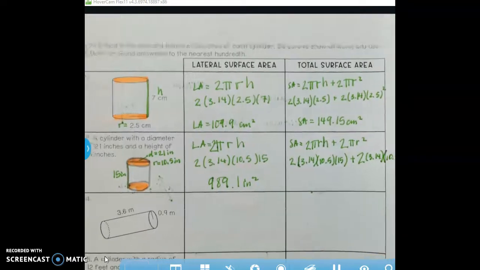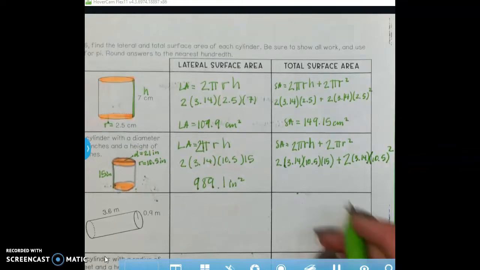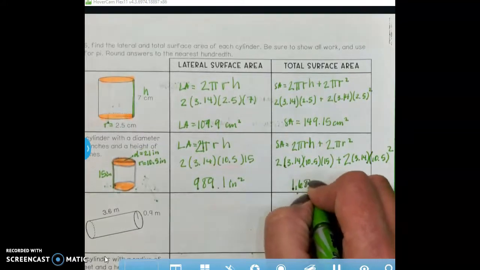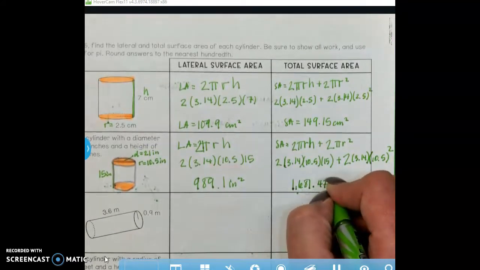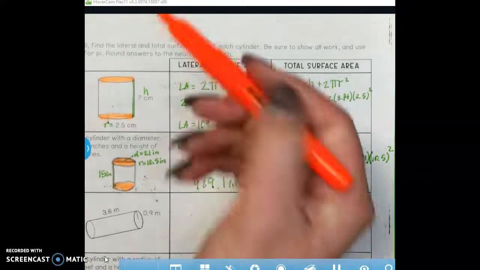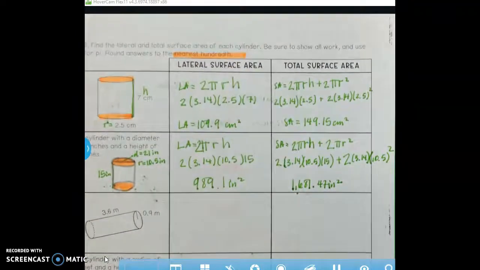Quite an expression. So when we multiply this across, you will have 1,681 and 47/100 square inches. How do I know my rounding? I am making sure that I did read. It says nearest 100. So if it gets a little long, you can just simply round to the nearest 100.